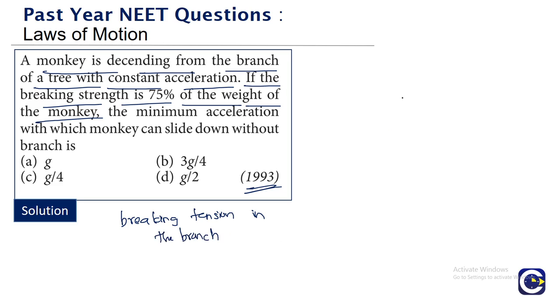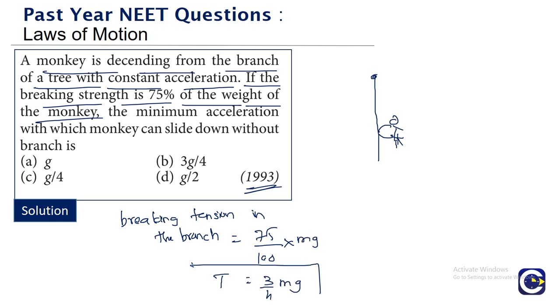So we consider the branch to be like a rope on which this monkey is descending. So the breaking tension in the branch is 75% of the weight of the monkey, means 75 by 100 into mg, which is 3 by 4 mg. This is the breaking tension in the branch.